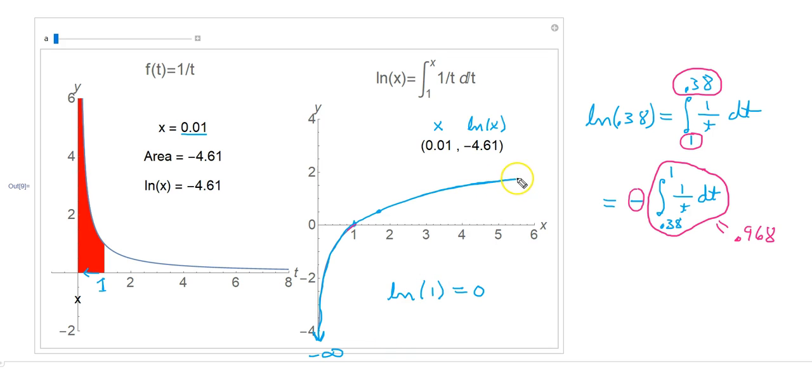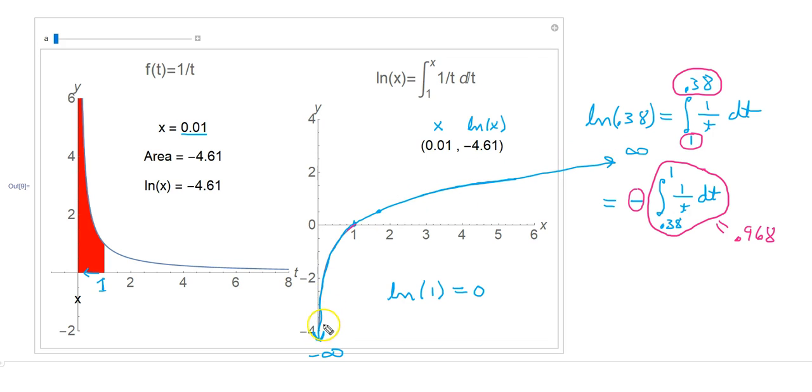And if we let x go towards positive infinity, does this graph continue to go upward, or does it flatten out? Does it never go above some limiting value? Well, it does actually continue to go upward towards positive infinity, and that's something that we'll have to prove later also. And so this is the graph of our natural logarithm function right here.